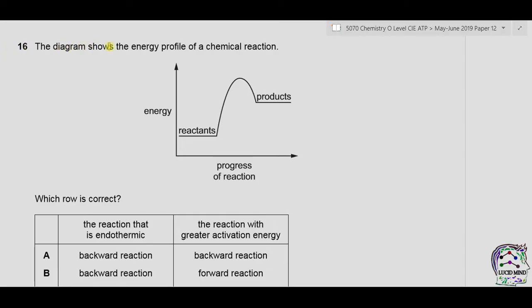Question 16. The diagram shows the energy profile of a chemical reaction. On the y-axis we have energy and on the x-axis we have progress of reaction. Which row is correct? First is the reaction that is endothermic. As we can see, the reactants are at lower energy as compared to the products which are at higher energy.